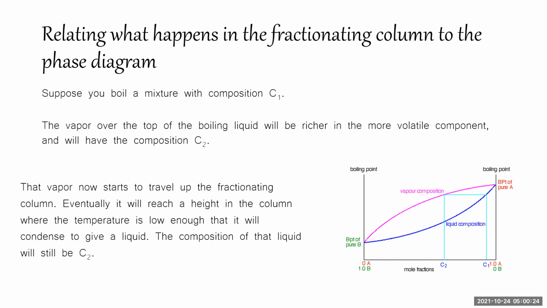In a fractionating column, it will condense on the glass surface area inside of the fractionating column. But if that wasn't there, it would just recondense and drip back into the round bottom flask, which would mean that it remixes and doesn't actually have a chance to condense in a composition that's more enriched in the lower boiling component.